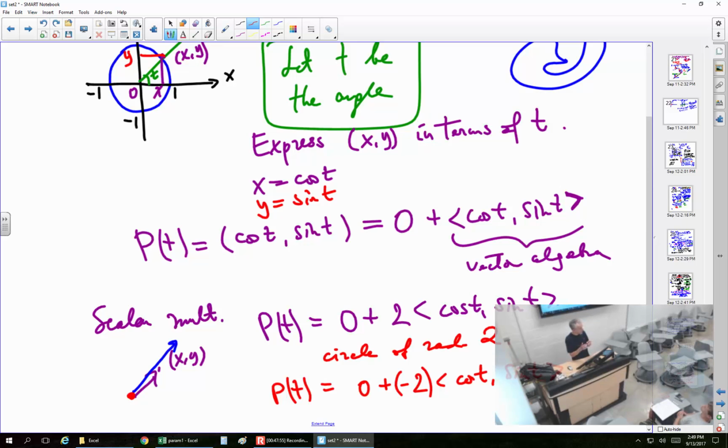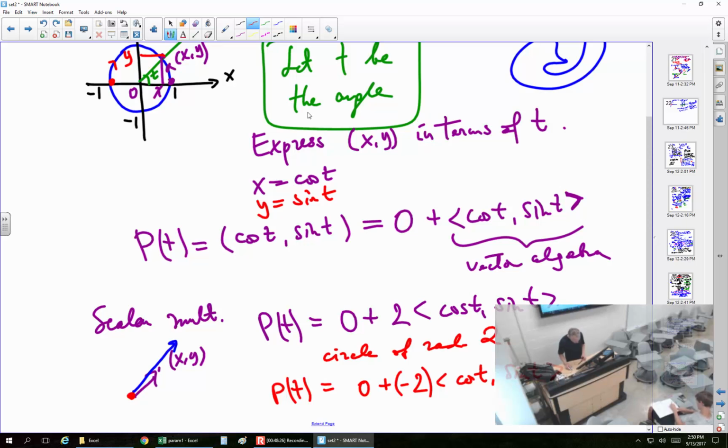It's the same curve, but parametric curves have a beginning, an ending, and also a direction. The original one starts over here and progresses counterclockwise until it makes a full circle, and then keeps going. The new one starts at -2, 0 and goes clockwise, at the same rate.